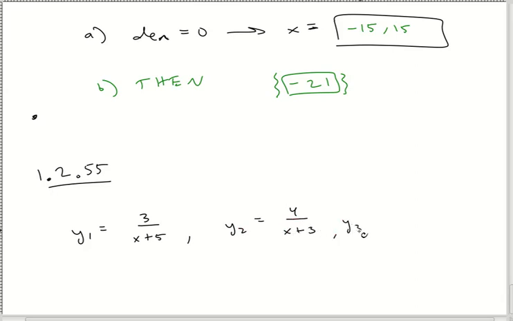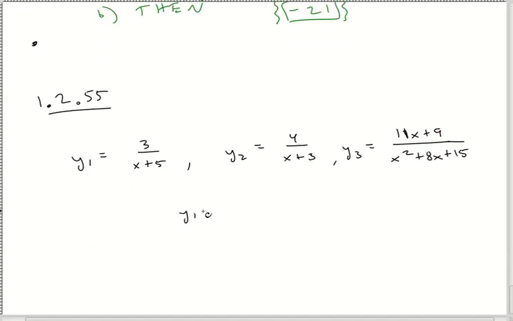And then they got a y sub 3, which is equal to 11x plus 9, all divided by x squared plus 8x plus 15. They also state with all this that y sub 1 plus y sub 2 is equal to y sub 3. And that's your key statement right there that you're looking for.